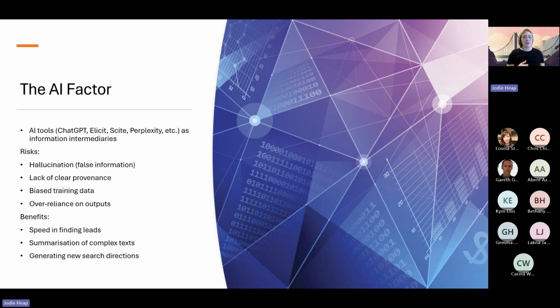Again, one of the issues we have is with the bias of the training data. There are issues in research, there are issues in how things are reported. The authors might have conscious or unconscious biases that are then consumed by the AI tools, and those biases are amplified through into the outputs that they produce.